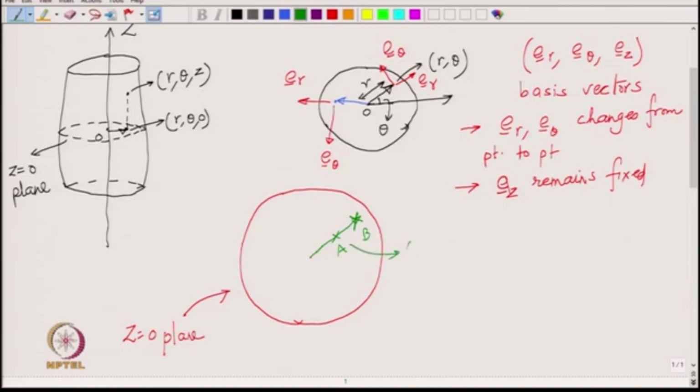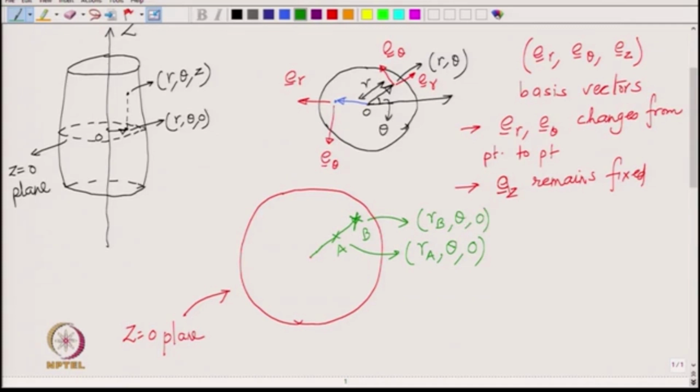Point A will have radius small r A, and it will have some theta, and z is of course equal to 0, whereas point B has a small r B, the radius is different, but it has the same theta, and z is of course 0 here again.